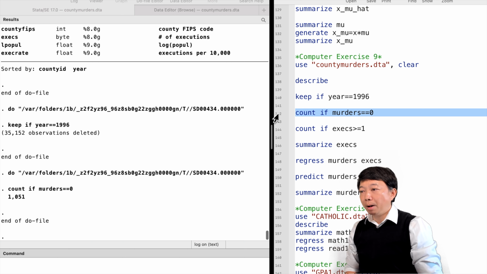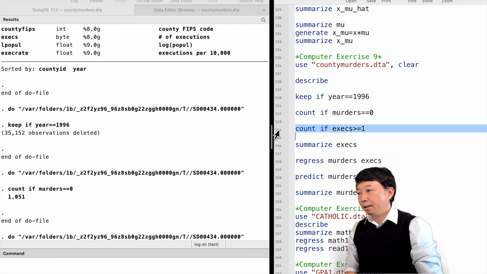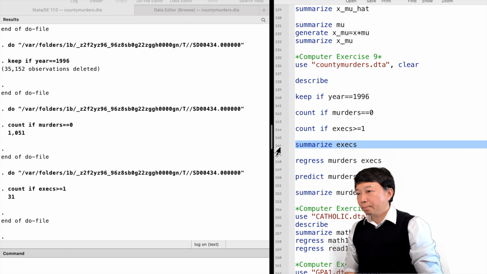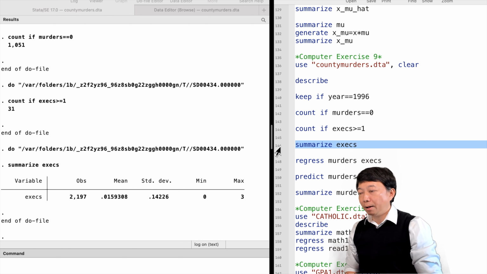Using the same command, we find 31 counties with at least one execution. We summarize the executions and find the largest number is 3.